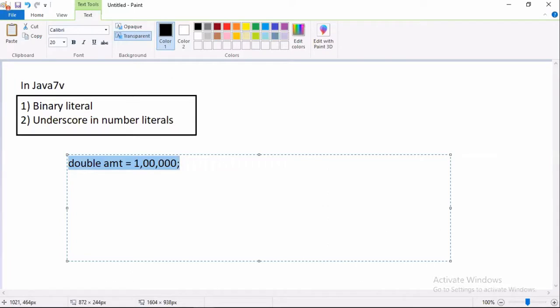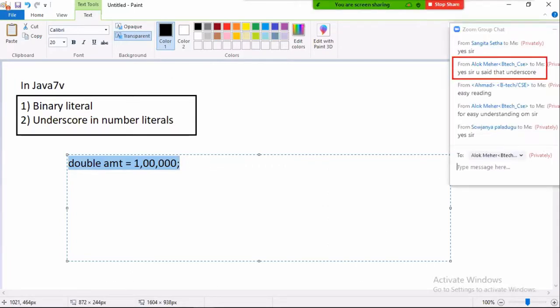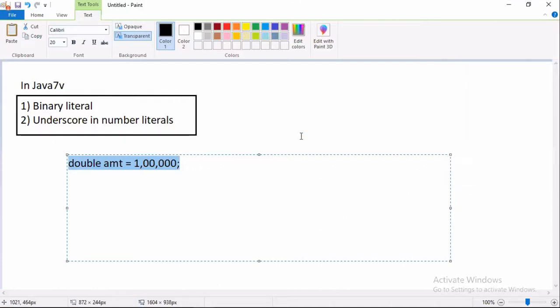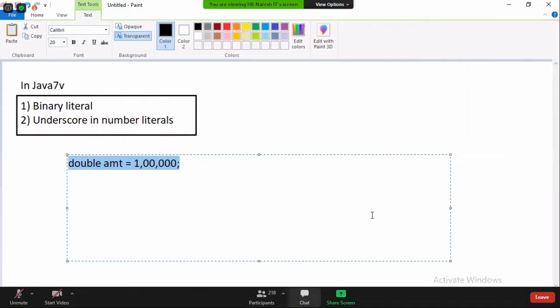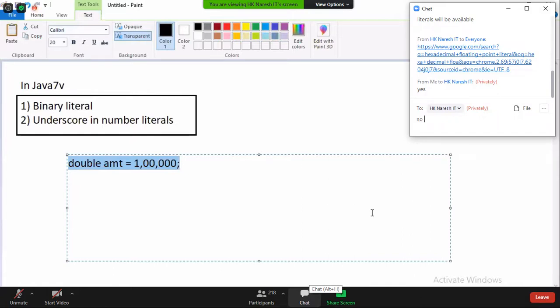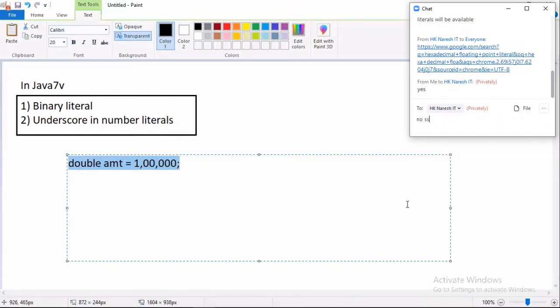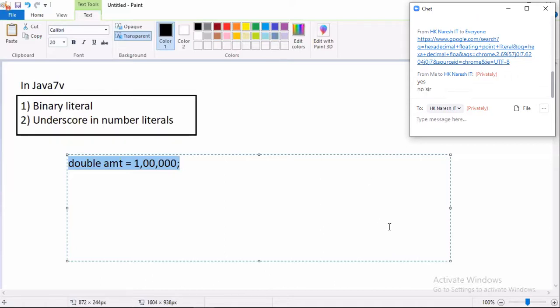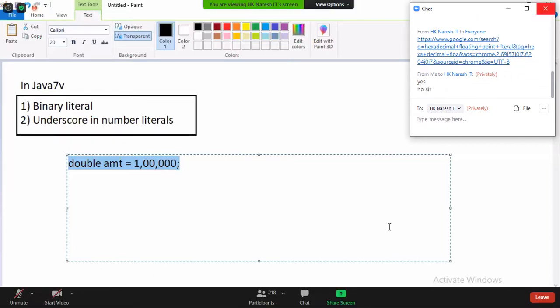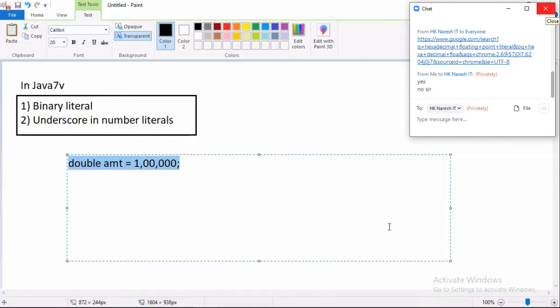4 p.m. batch, did I explain this topic already, underscore in number literals? Alok Mehar Ray is telling that I already explained. Did I explain already? Then how is your classmate telling me that yesterday night I came in his dreams? Did I come to your dreams? Normal dreams or big dreams?